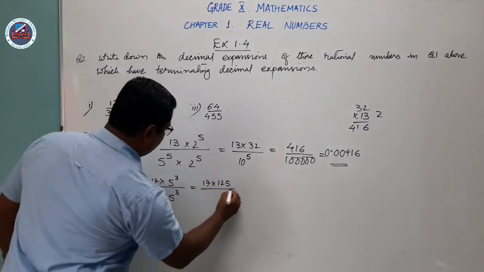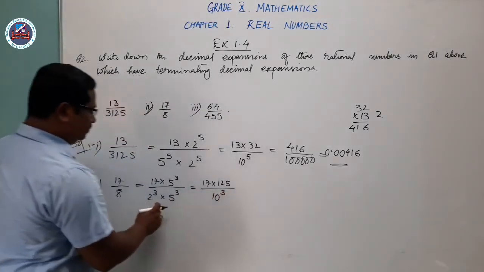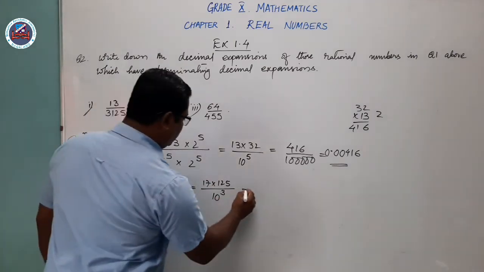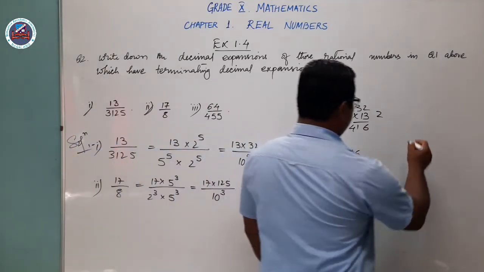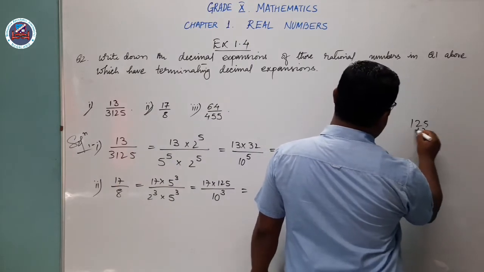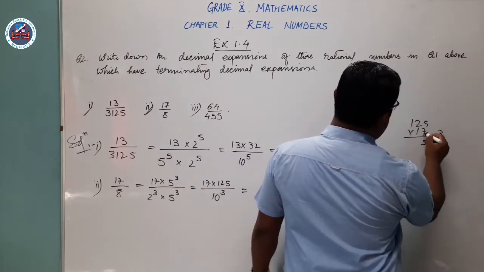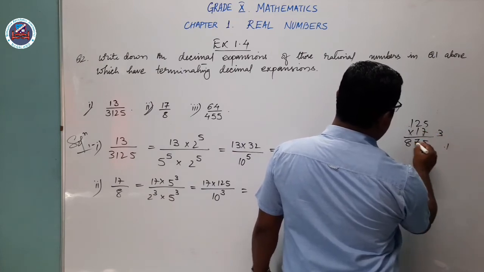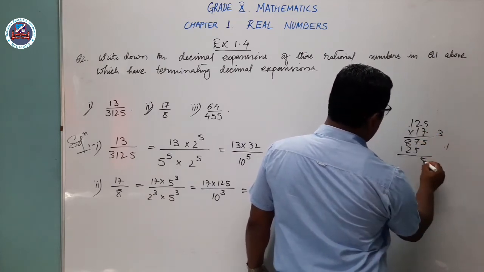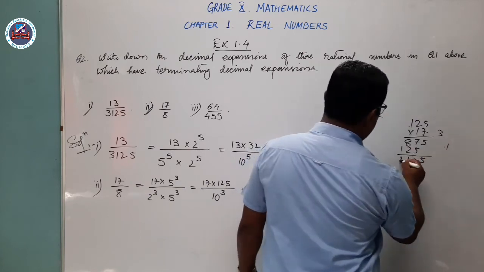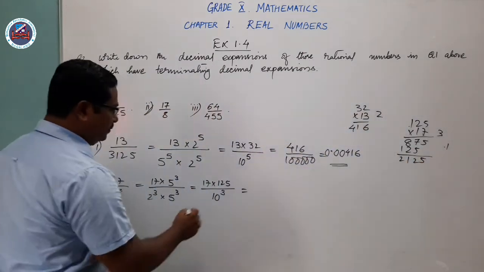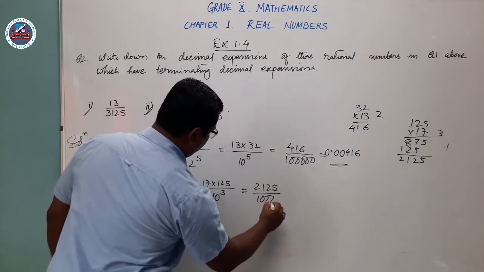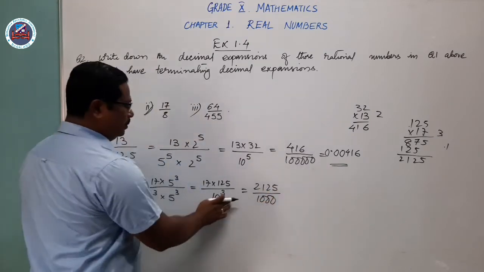The denominator is 10 to the power 3, since both powers are the same. So we get 125 into 17, which is 2125, divided by 1000, 10 to the power 3.